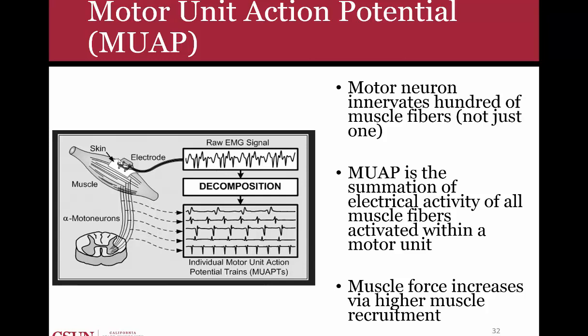So to be non-invasive, we have to have electrodes on the skin, and what you'll read is these noisy-looking signals, which are the summation of all of the individual motor action potentials that you're measuring from each of these. Now imagine, this is not to scale, right? Here you only have 1, 2, 3, 4, 5 individual action potential waveforms. You can have millions of these, and they all sum up to give you the raw signal that you're measuring.